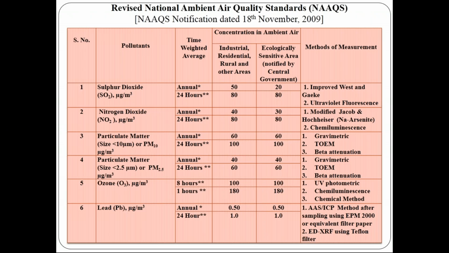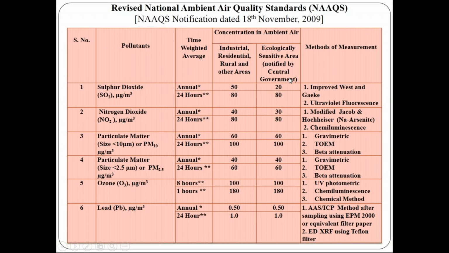And here are the National Ambient Air Quality Standards as per 2019. It was released, meaning revised, on 18th November 2019. Here you can see the annual and 24-hour data has been provided. It is for two categories: one is for industrial, residential, rural area, and another for the ecologically sensitive area.